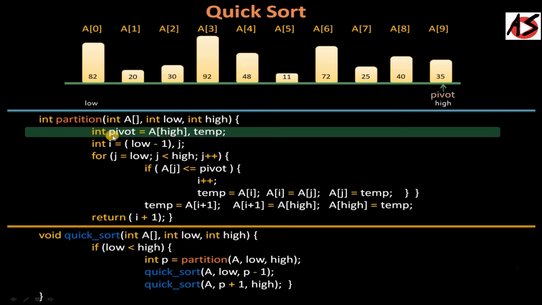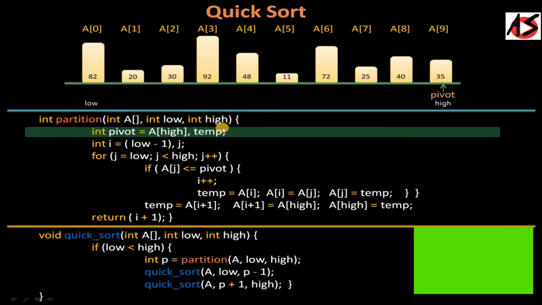In the partition function, the first instruction is defining the pivot. Here we take the last element as the pivot element. You can take the first element, any middle element, or even a random element. And you have a temp variable for swapping.